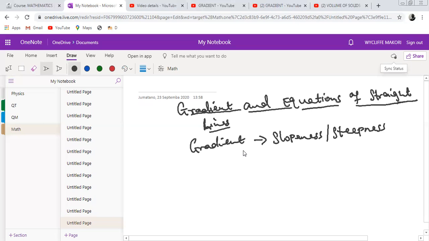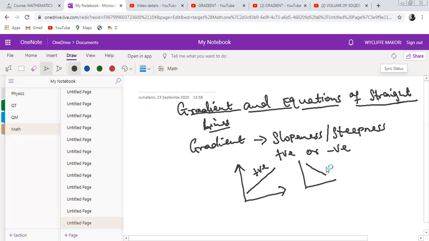Therefore, the gradient can either be positive or negative, depending on how the line is sloping. If you draw your line on the Cartesian plane and it slopes like that, the gradient is going to be positive. But if your line is sloping like that, this is going to have a negative gradient.